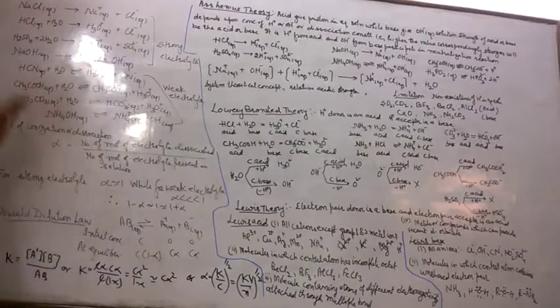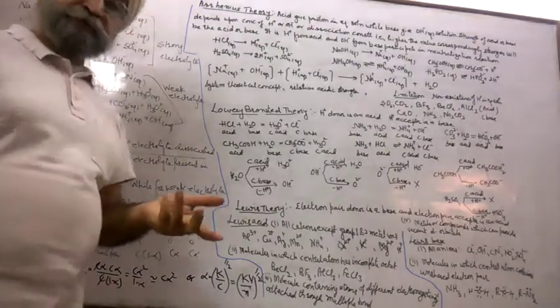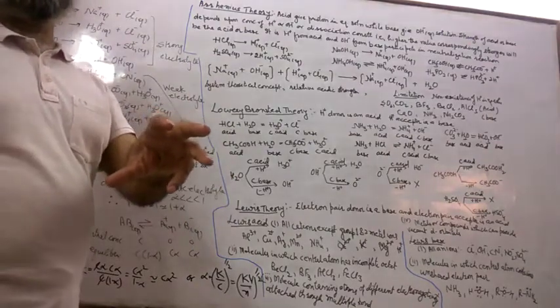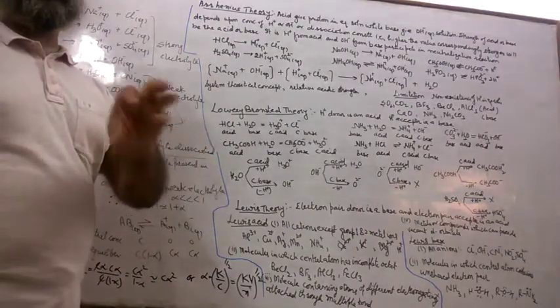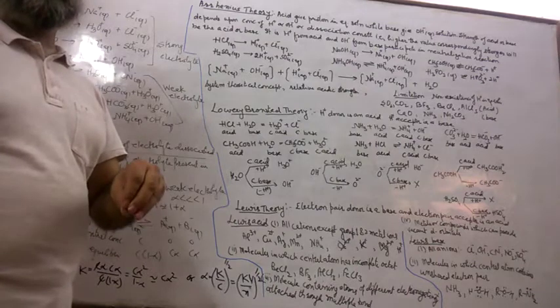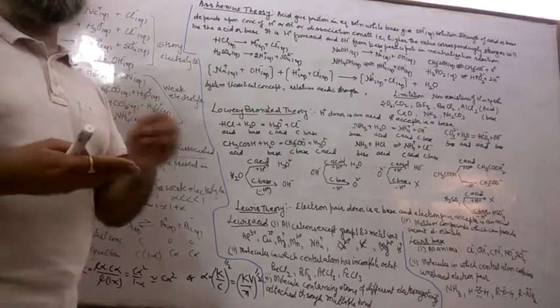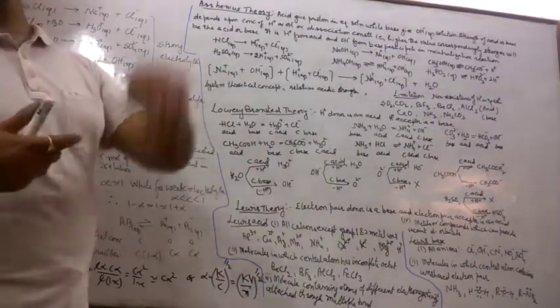You have to remember this in both plus 1 and plus 2 classes also. So in case of a strong electrolyte, ionization is complete, but in case of a weak electrolyte, ionization is very less. Now, what is the effect if dilution is carried out?